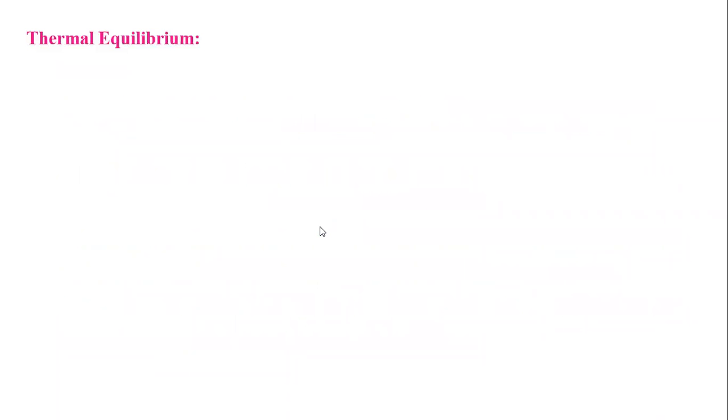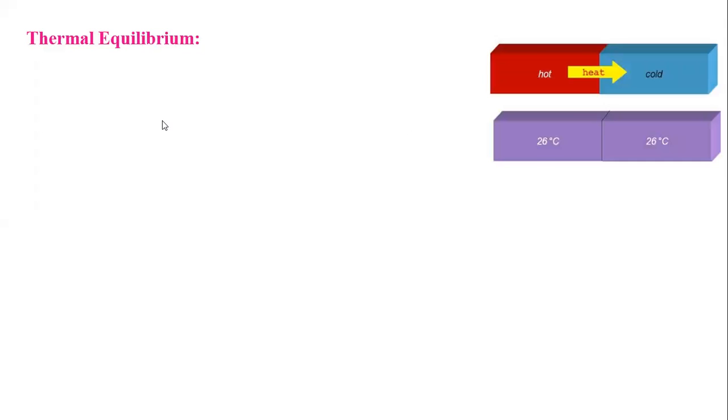First, a very important and basic term of thermodynamics is thermal equilibrium. What is thermal equilibrium? When we say that two bodies are in thermal equilibrium, you can see a diagram here. You can see a hot body and a cold body.